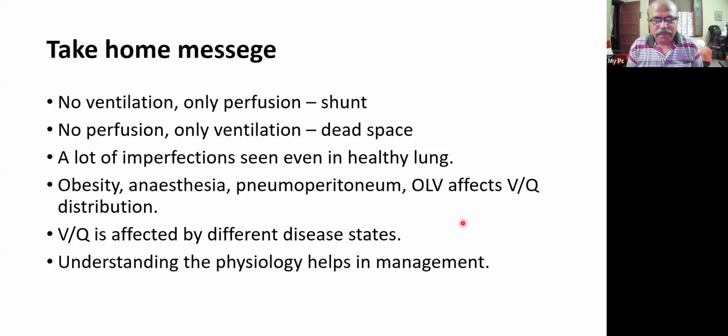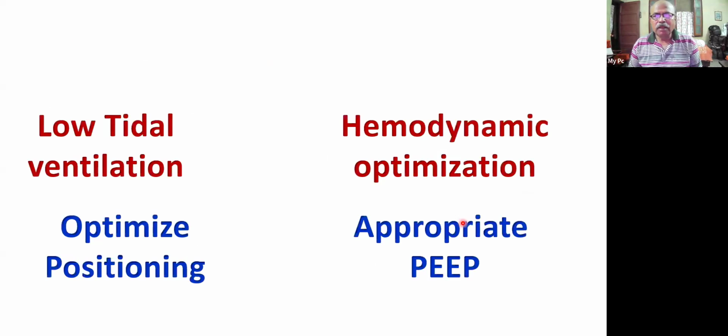You have to understand the physiology, and if you do not understand the physiology, it becomes a hindrance to your management effort. So what is the aim? Our aim is to prevent all these things during a procedure.